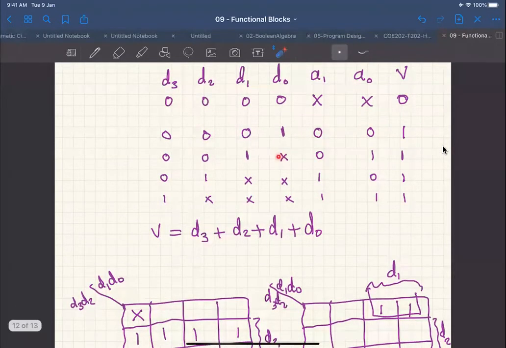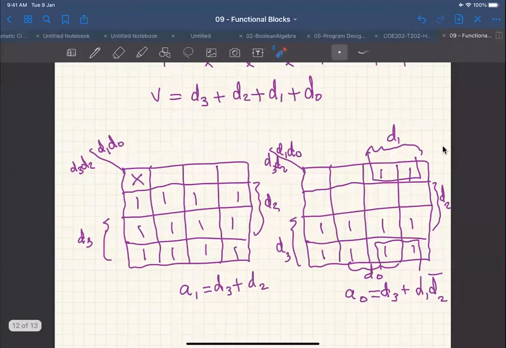And the 1 here means 8 to 15, okay? So this is 2 and 3, all right? And this is 8 to 15, okay? You can see that this is D3 ORed with D1, D2 complement. Do you get it? This is nothing but a revision of K-map.